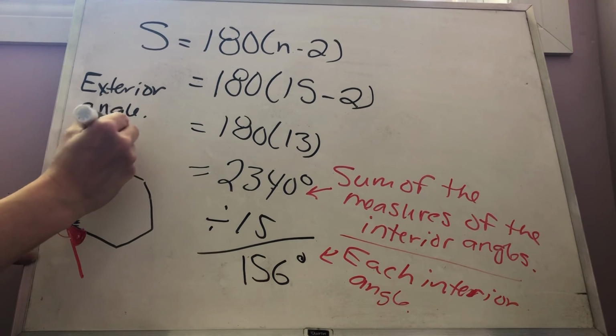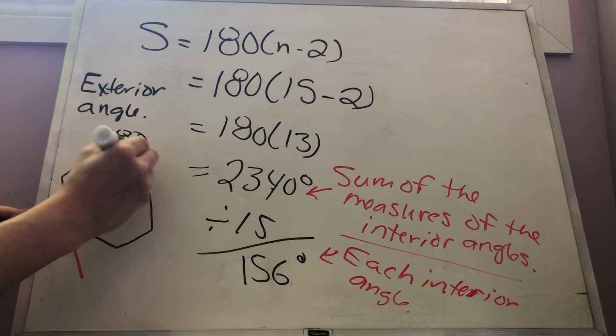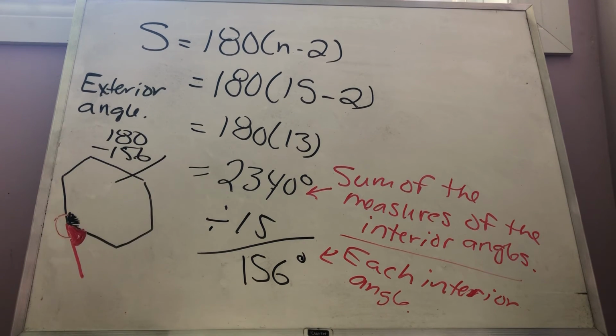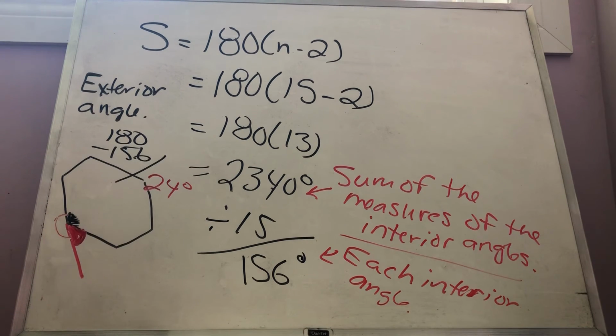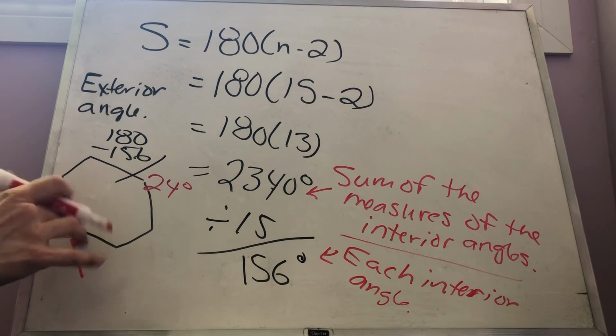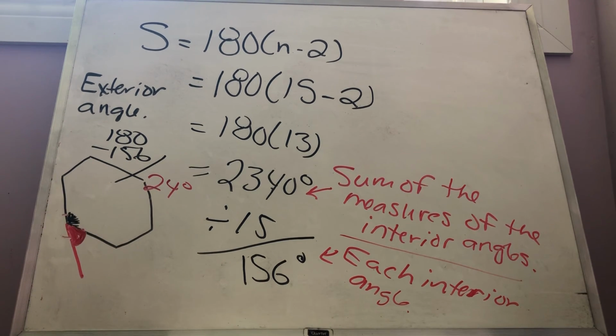So 180 take away 156, right? And again, this is an octagon, it's not a pentadecagon, so don't put that on there. So that would be 24 degrees for this particular question. So this is each exterior angle. Remember, it's off a straight line, off a 180 degree line, then you have to measure it, not the full circle, not a 360. Okay, so that's the important bits from 2.4.